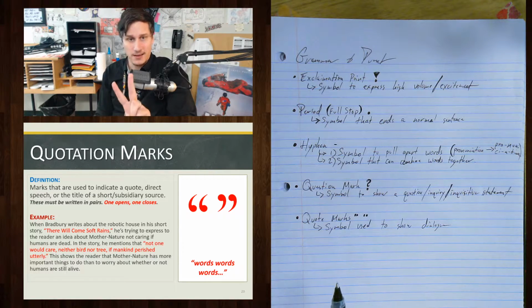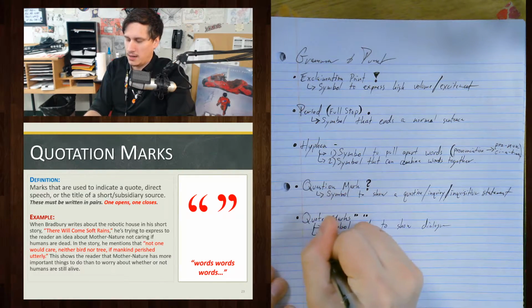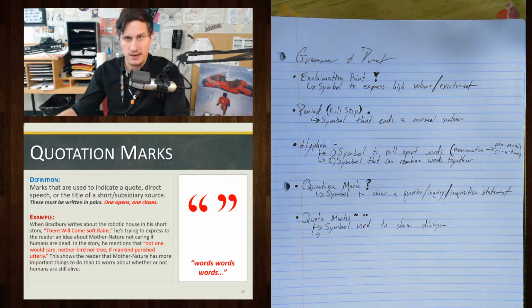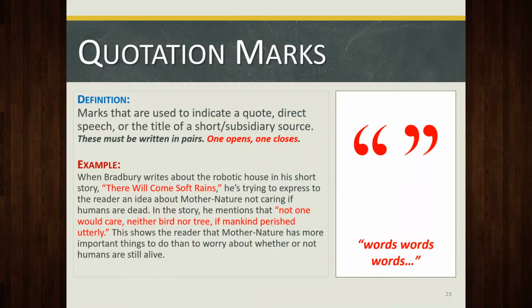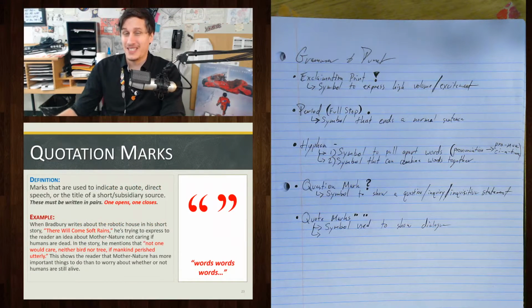Also, the second thing that quotations do, this is a little more advanced example here. I'll let you read the screen for a second while I go grab a book, because I forgot to grab a book. Quote marks can also be used to label or give the title of a short or subsidiary work.